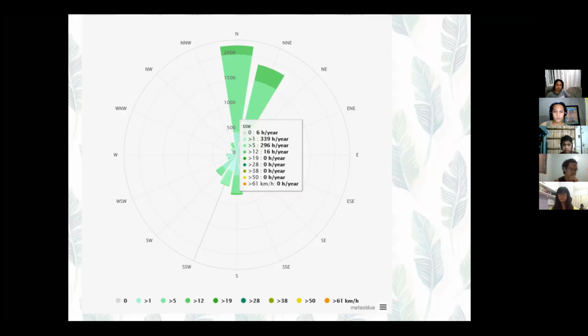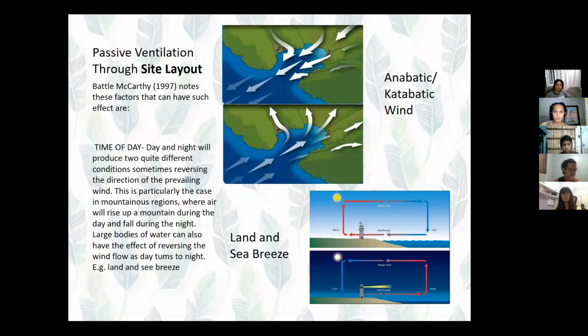Yan. So, aside from orientation, you need to consider the site layout. You need to consider the time of the day. This may take effect din. For example, yung site po pala is malapit sa may dagat, you may consider the land and sea breeze. Pero in general, mahangin naman talaga sa may baybaying dagat, di ba?